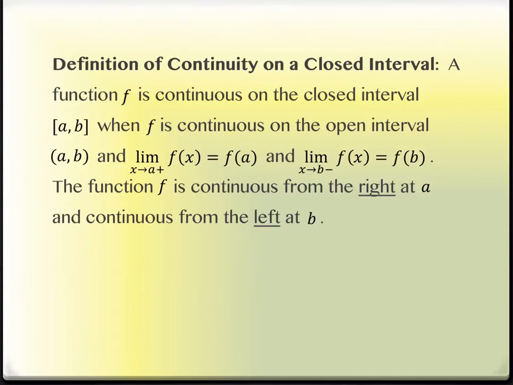The limit as x approaches a from the right of f of x is f of a, and the limit as x approaches b from the left of f of x is f of b. What this does is eliminate the possibility of asymptotes on the edges of the graph. It actually has to be a number value there when you get to the corners of your interval. The function is continuous from the right at a, and continuous from the left at b.